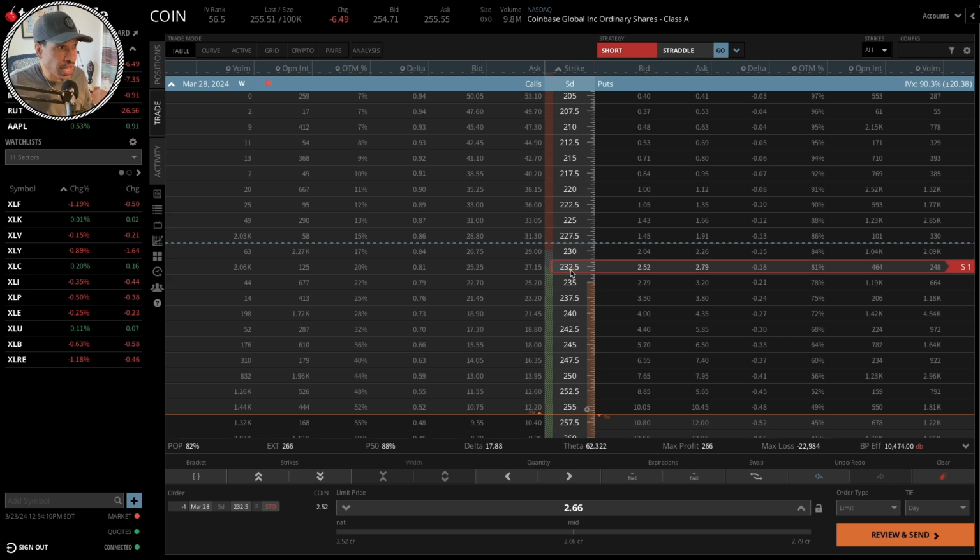In other words, I have to have $23,250 in my account in the event that the price of COIN is below my strike price of $232.50 on March the 28th at 4:00 p.m. Eastern Standard Time.